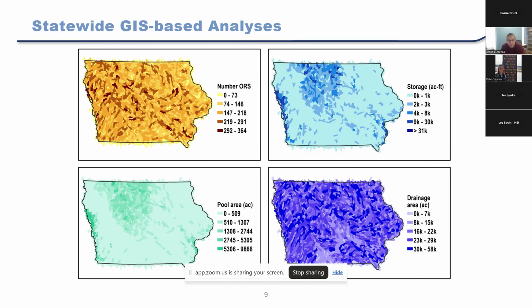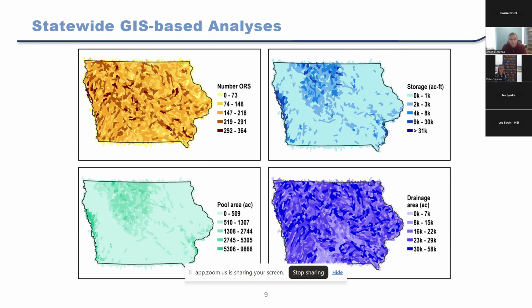We also see that the pool areas identified in the Des Moines Lobe tend to be larger than other places in the state, and that might perhaps make some of the structures identified not desirable for landowners, because typically areas that are temporarily inundated by these structures are located in private lands. Not all of them, but most of them.